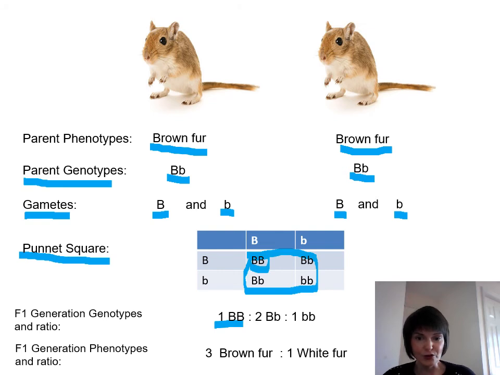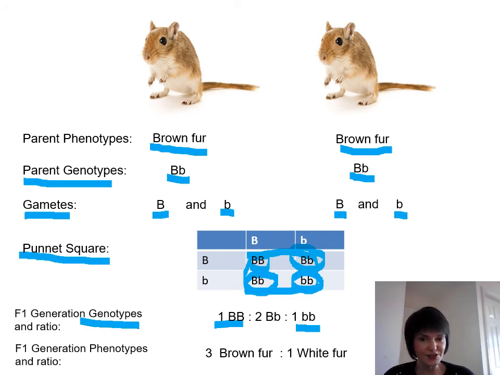We've got two big B wee bs, one and the other one, two, and we have got one wee b, wee b. So that is what we call the F1 generation genotypes.